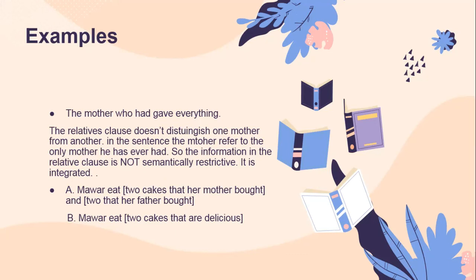In B, we cannot tell whether Mawar ate another cake, so it's not restrictive.